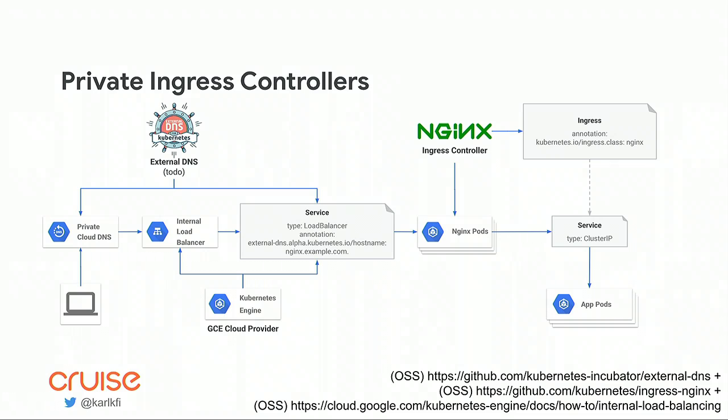But the last mile still exists. You still have to handle DNS, like I mentioned. There's an external DNS project that we have on our backlog to look into. It can configure the private DNS or public DNS in GCP. But it becomes a little more complicated if you have a private network. For example, we've been using Route 53 for private DNS resolution, and that works great on AWS, but in order to get that into GCP, we have to route through the interconnect to resolve all your DNS connections, and that's a mess.